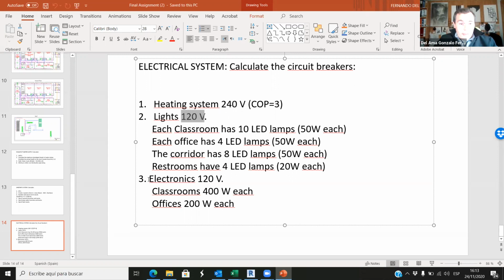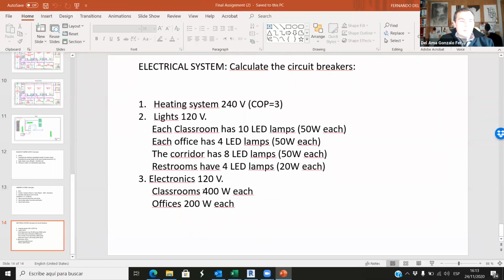And then we have electronics. This is an educational building, so we can have computers, or we can have different plugs in the classroom or in the offices. So each classroom has this 400-watt power, and each office has this 200-watt.